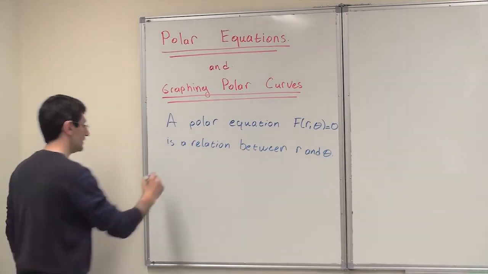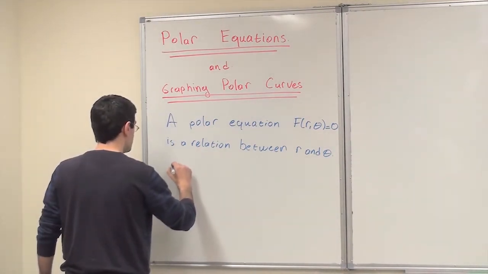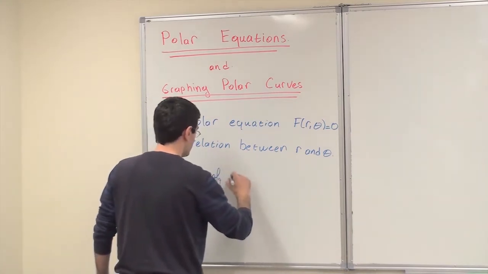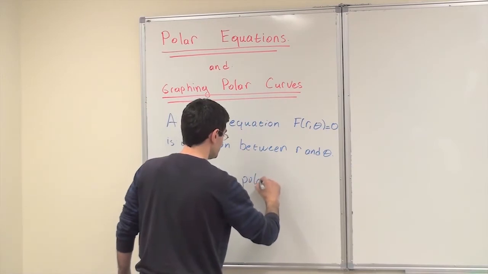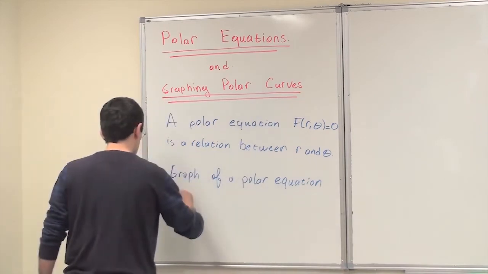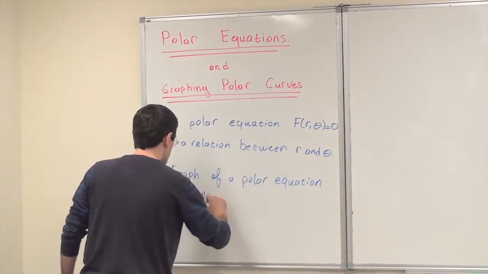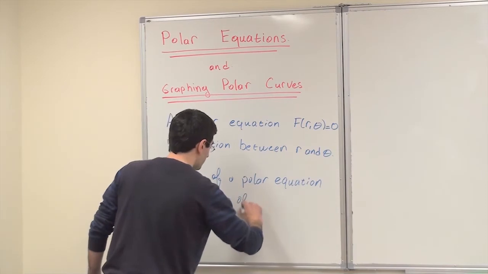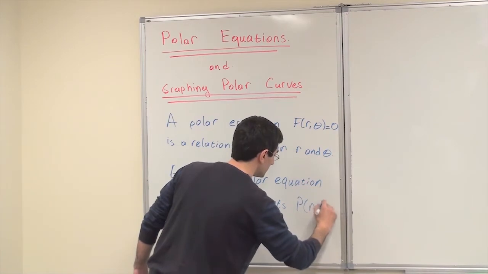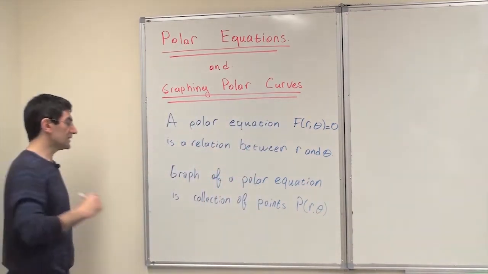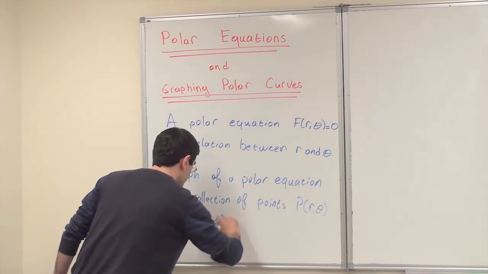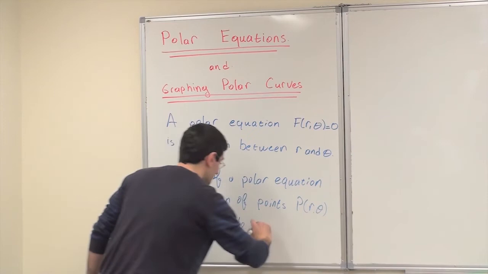Okay, now the graph of a polar equation is the collection of points given in polar coordinates P, r, and theta that satisfy the polar equation.